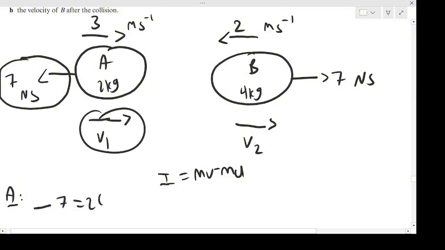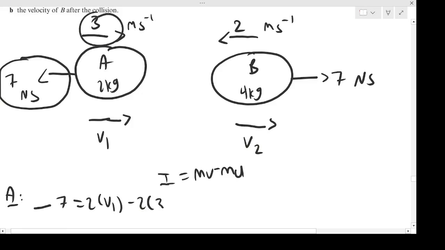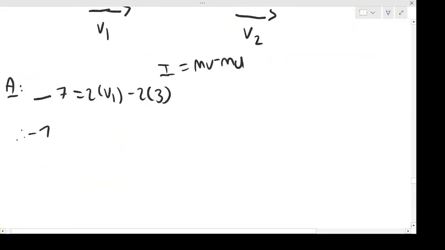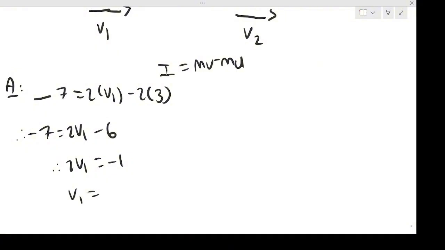V is V1, going forwards. Take away 2 lots of u, which is 3, which is also going forwards, so that's positive. And there we are. So we can solve this equation, right? So therefore we get minus 7 to be 2v1, take away 6. So 2v1, add 6, I get minus 1. So V1 is going to be divided by 2 to get minus 0.5. And there we are.